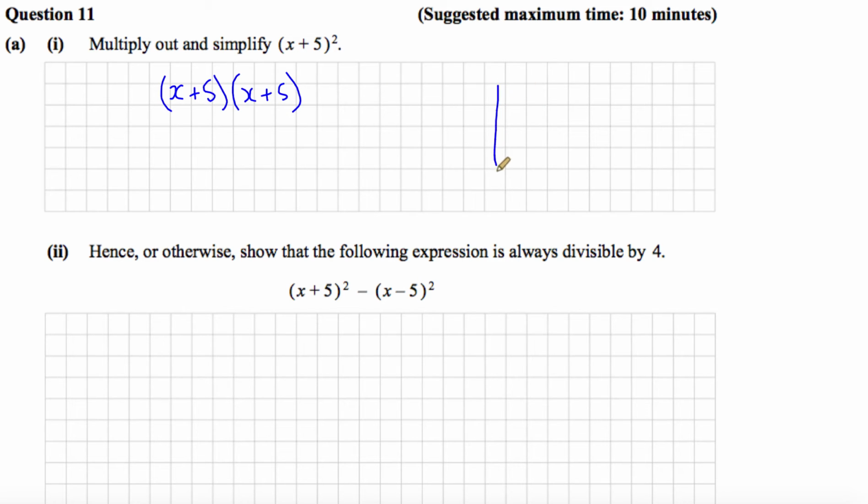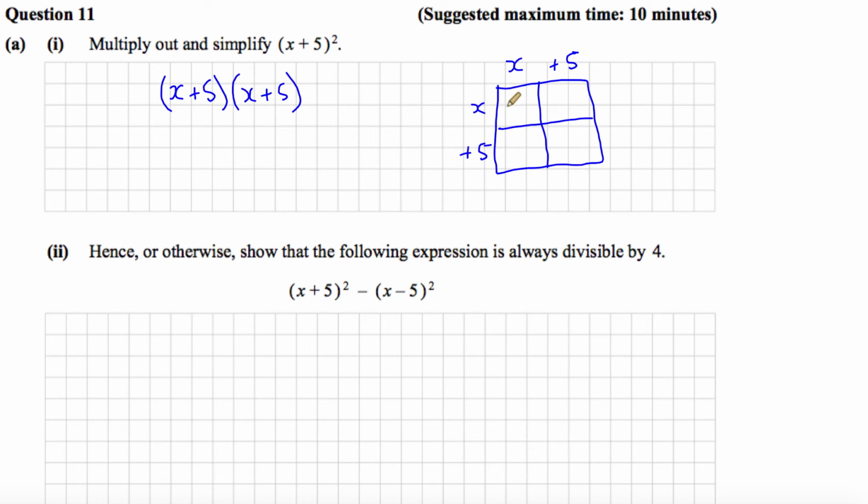So if we want to use the grid method, we can put x and plus 5 here, and then x and plus 5 here, and we multiply into the grid.